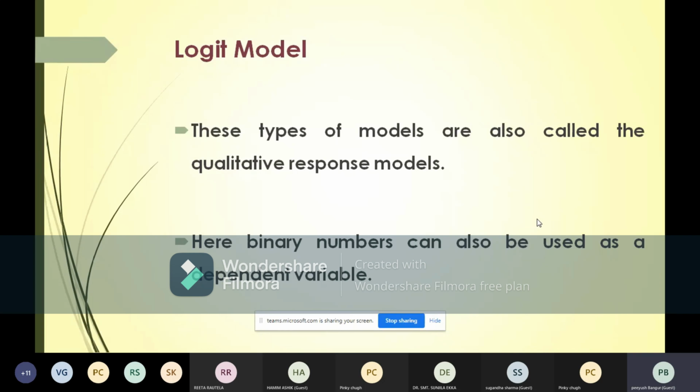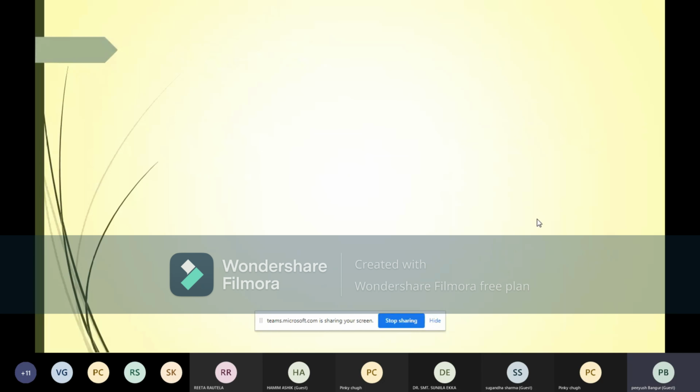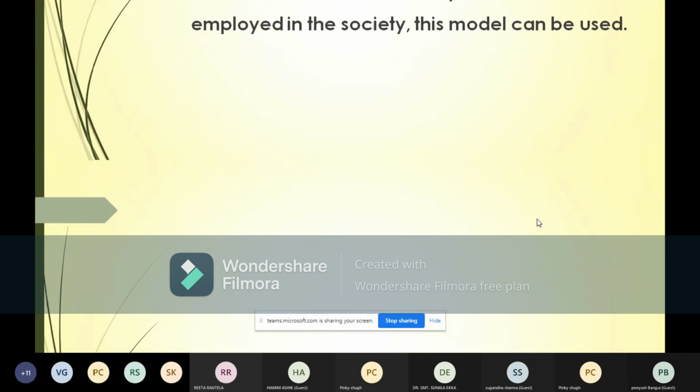So the whole soul of the Logit model is about primary research. But when it comes to the variable, you can only use it on the dependent side, but not on the independent side.